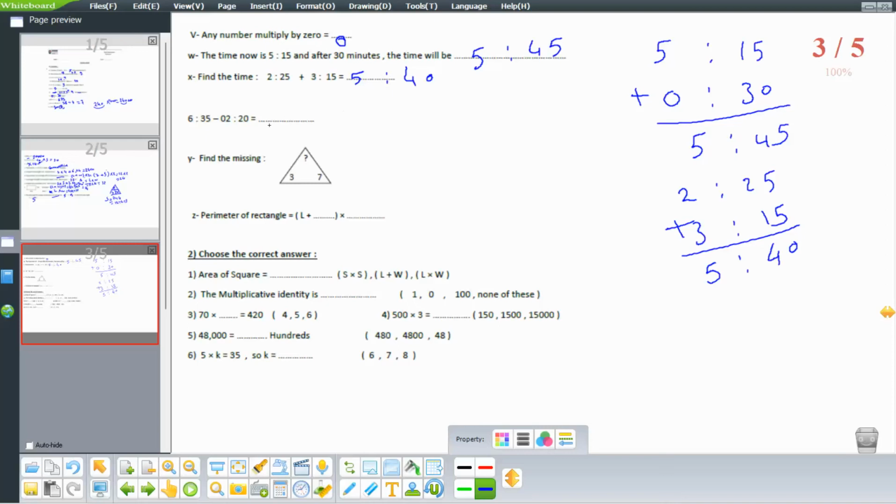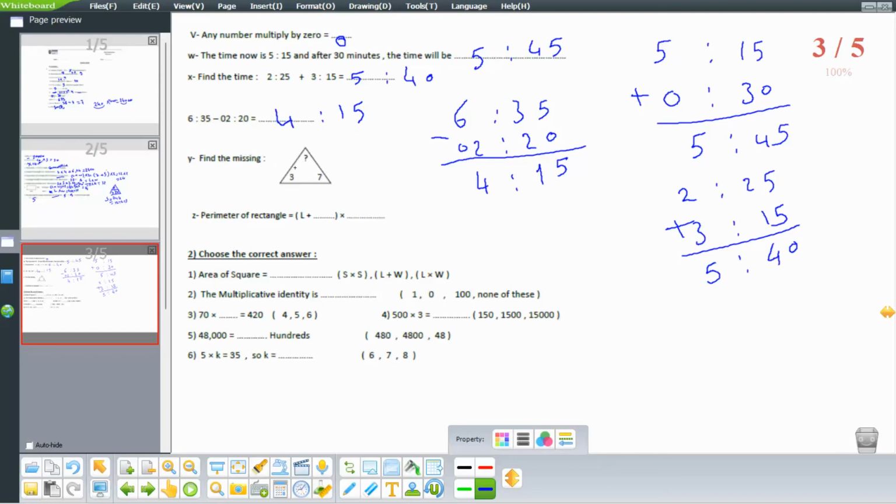If I want to subtract here, 6:35 minus 2:20. 35 minus 20 is 15, and 6 minus 2 equals 4. So the time is 4:15.